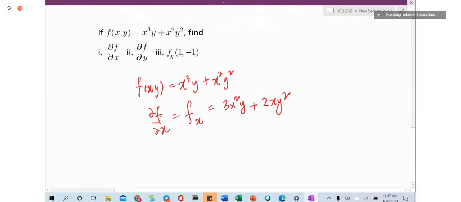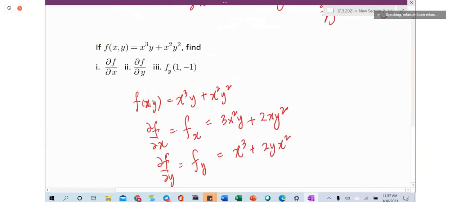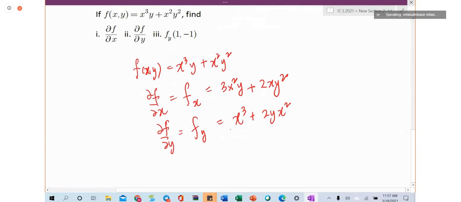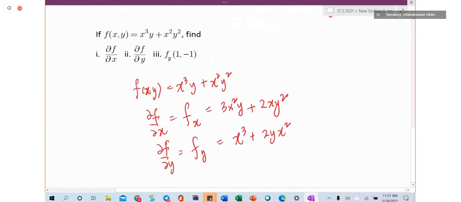How about f_y, del f over del y? f_y will be x cubed plus 2y x squared. Because when you differentiate with respect to y, x is constant.